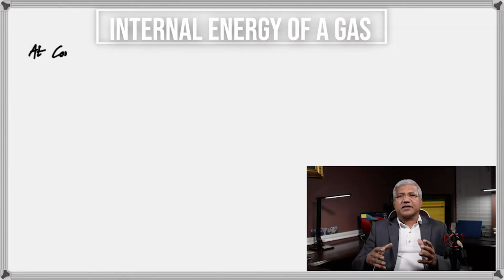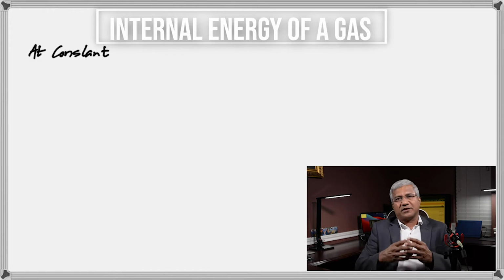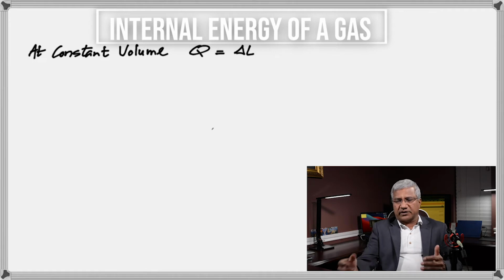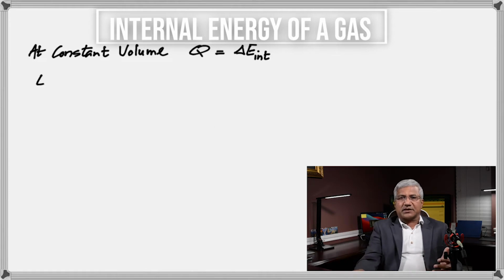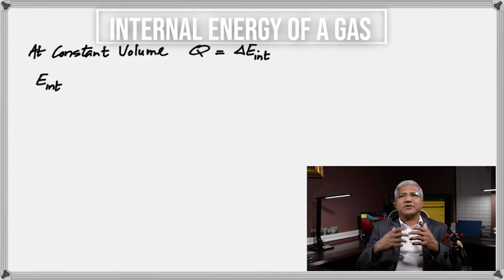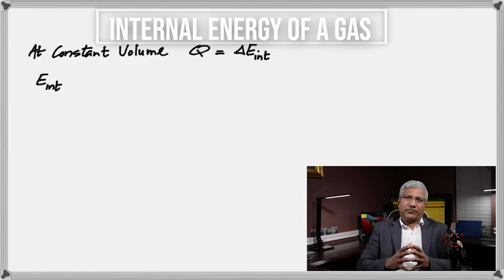Well, in the last section we saw that at constant volume, the quantity of heat that is given to a gas is completely used to change the internal energy. Whatever quantity of heat we give is used to change the internal energy, because nothing is used up for expansion. We don't allow it to expand because it's at constant volume.